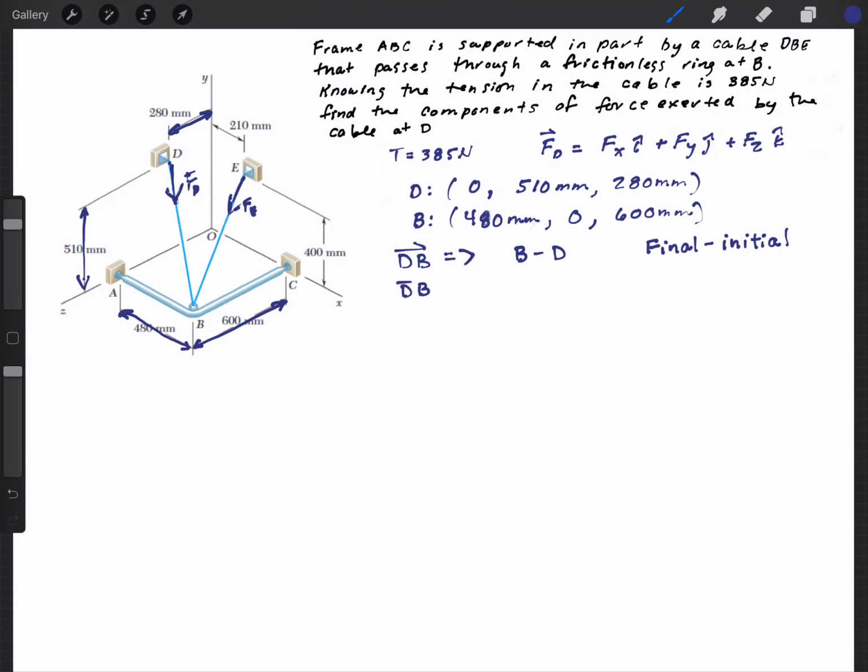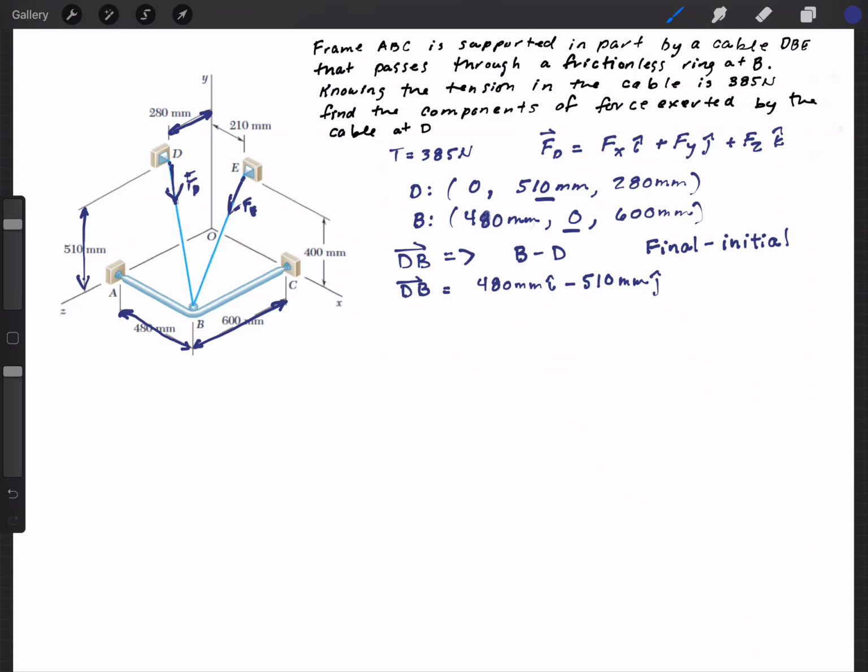So for DB, we take the coordinates of B and subtract D. This equals 480 millimeters minus 0, or 480 millimeters in the I direction. For the J component, we have 0 minus 510 millimeters, so negative 510 millimeters in the J direction.